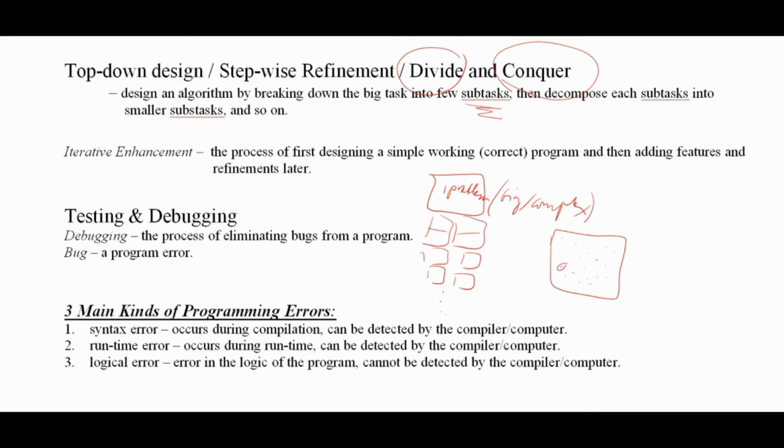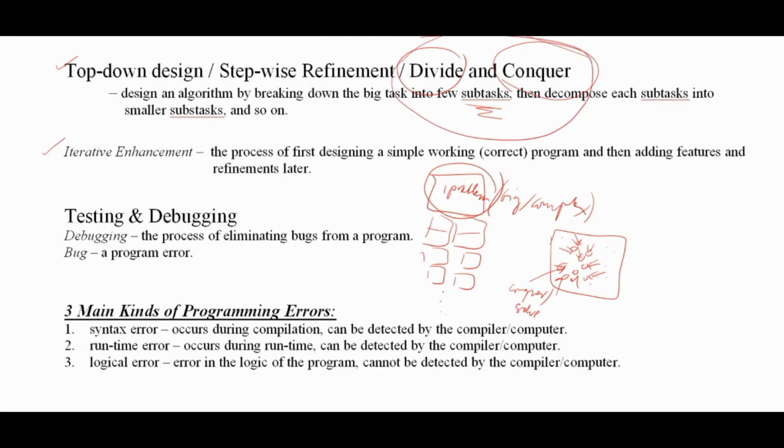Each of these pieces is in its simplest form that you cannot decompose any further. Once all the pieces are in their simplest forms, you conquer or solve each one. And when you have solved each smallest piece or task, it is equivalent to having solved that one original big problem. So that is what we call top-down design, stepwise refinement, and divide and conquer. This is the most familiar term for that.